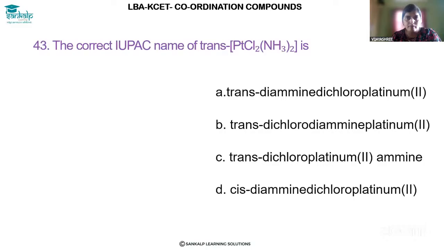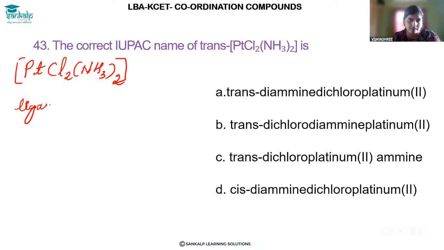Now we will write the complex PtCl2(NH3)2. This is the given complex. Here the ligands are NH3, which we call amine.